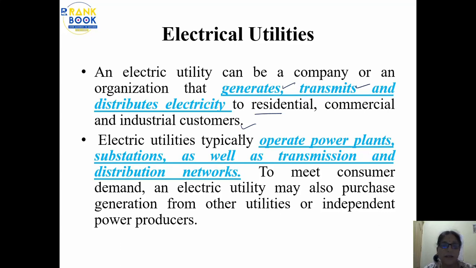And typically we have operating power plants, substations as well as transmission and distribution networks which facilitate the electric utilities. To meet consumer demand, an electric utility may also purchase generation from other utilities or independent power producers.